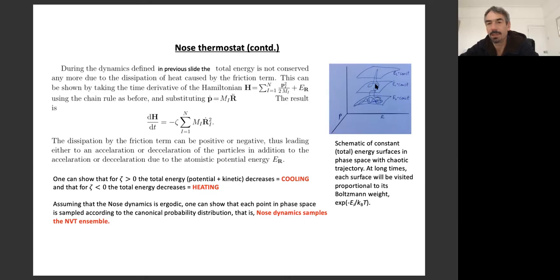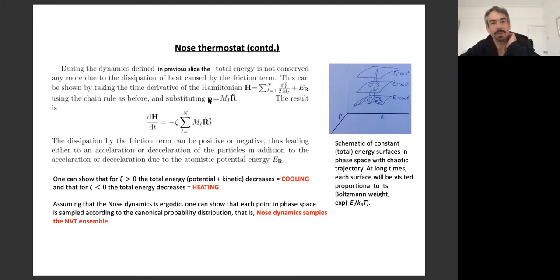But now you sample many of these surfaces, in a way that obeys the Boltzmann weight of each of these points on these surfaces. So the weight of each point is proportional to e to the minus beta times the energy. And so this is the Nosé thermostat.